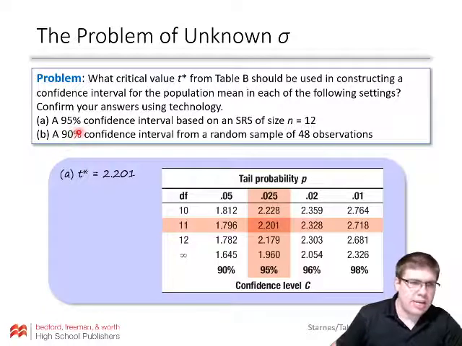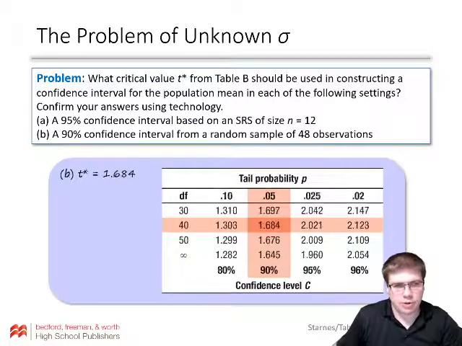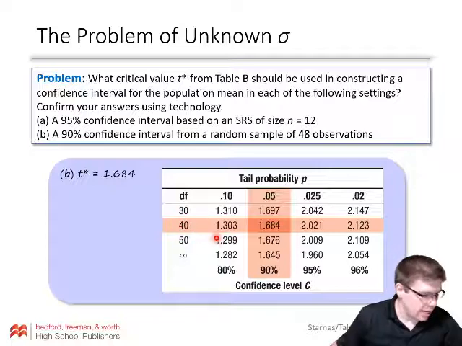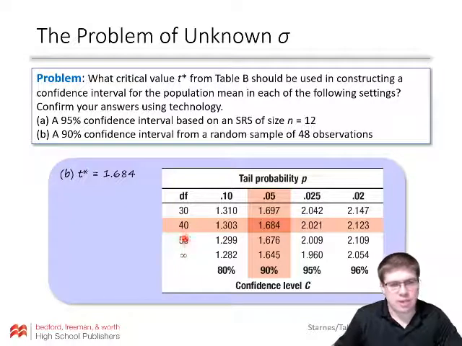What if we want to do a 90% confidence interval with a sample of 48? You'll notice a little bit of a problem here. 47 would be our degrees of freedom, but there is no 47 in the table. It starts skipping by tens, and then eventually it kind of goes nuts and does a few high numbers. As the sample size gets bigger, it becomes approximately normal.